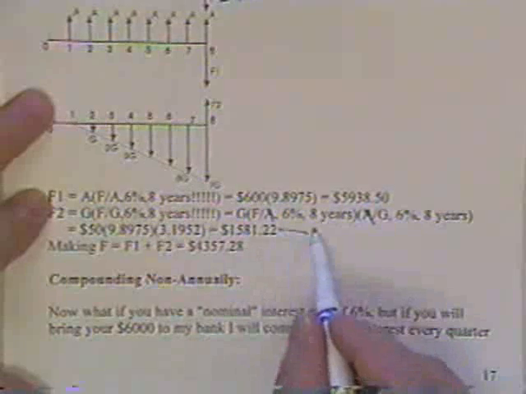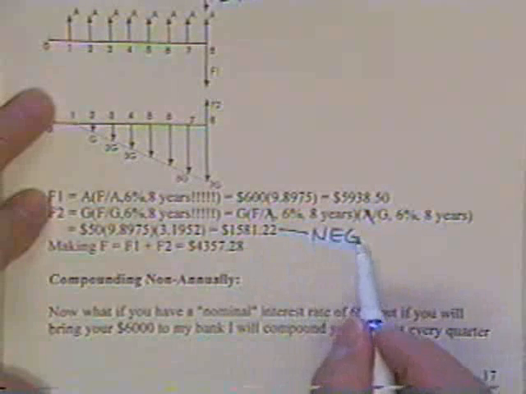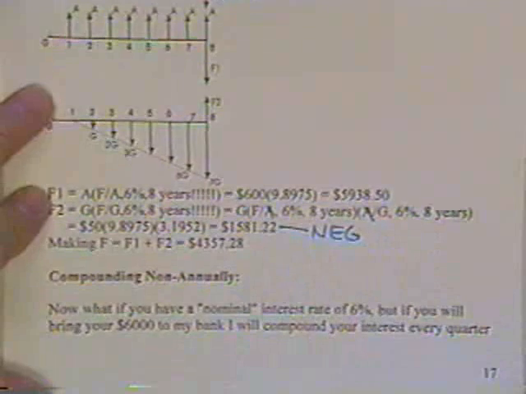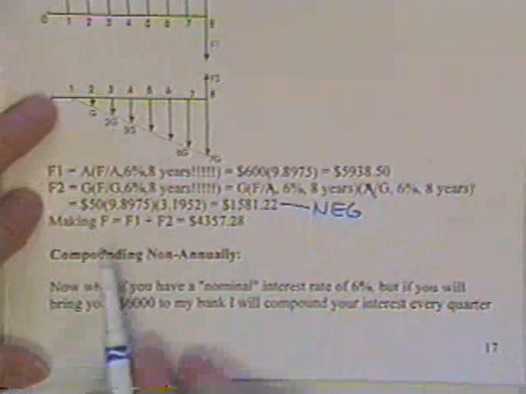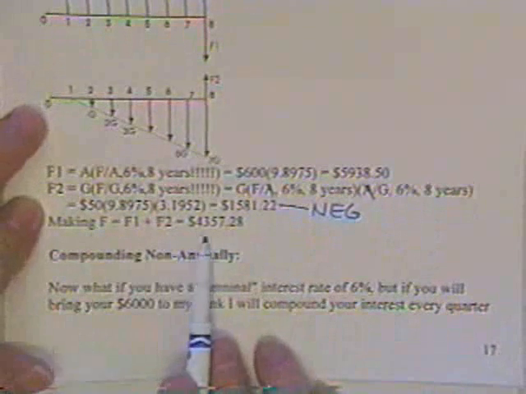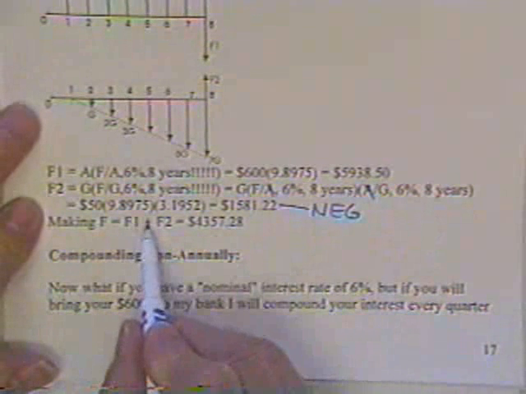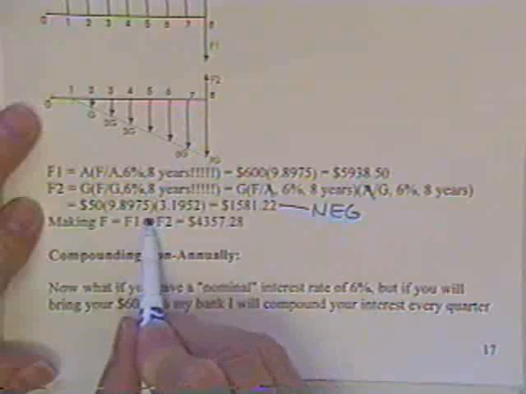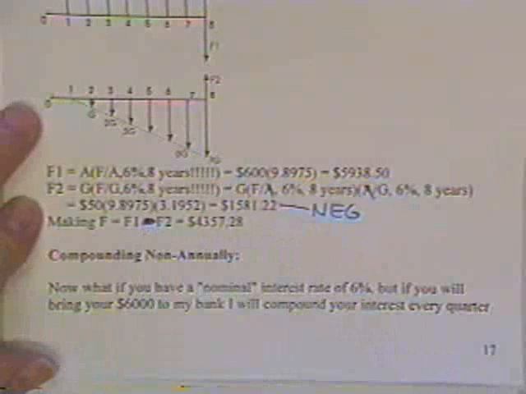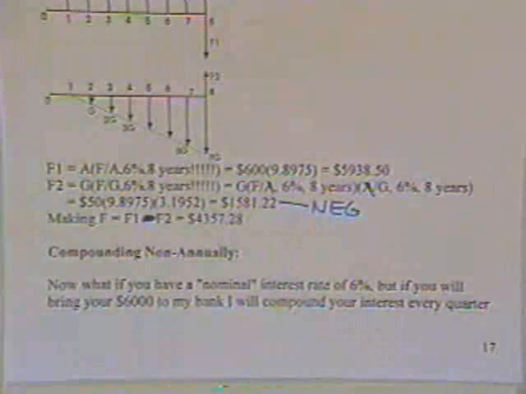This, of course, is a negative number because it has been extracted from the bank. Therefore, the future value is $4,357. The sum of the two. I guess this really should say minus here, or that ought to be negative, in which case the plus sign is okay.